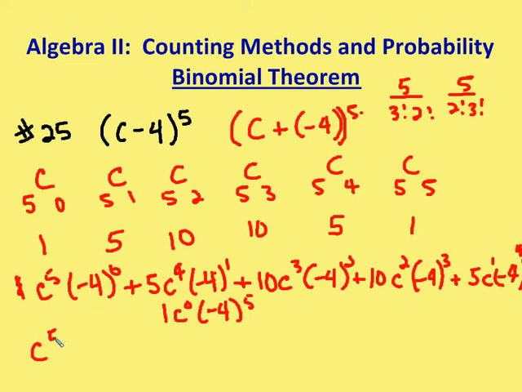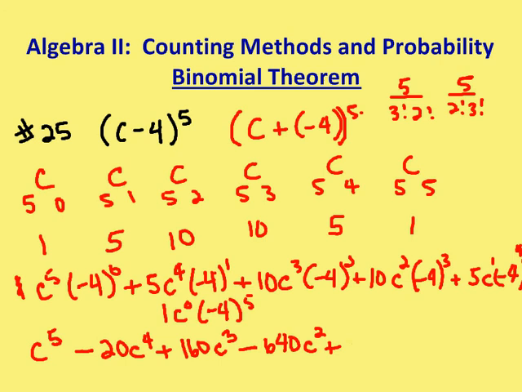So I have c to the 5th minus 20, it's negative 4 times 5, c to the 4th, plus, in this case I have a negative 4 that's squared, so it's going to be 16 times 10, which is 160, 160 c to the 3rd. Now this is going to be a minus because I have negative 4 to the 3rd, right, which is 64. 4 times 4 is 16, times 4 is 64. So I have negative 64 times 10, which is negative 640 c squared.